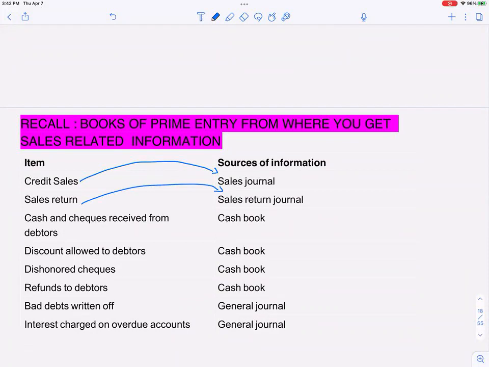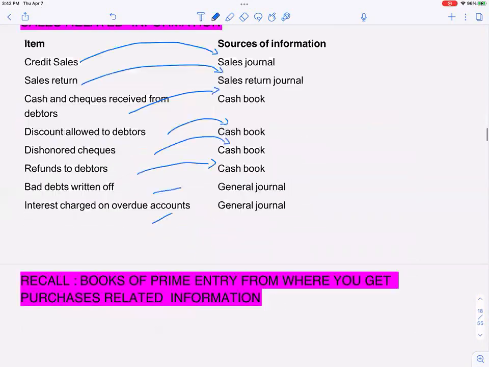Cash receipt from debtors, discount allowed to debtors, dishonored checks, and refunds to debtors you will get from the cash book. Bad debts and interest you will get from the general journal.